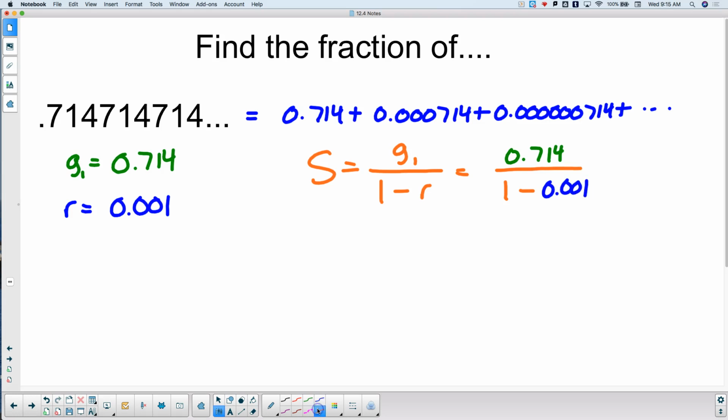When I do that, I get 0.714 divided by 0.999, which simplifies as a fraction to 714 over 999, which is reducible because for 714, 7 plus 1 is 8, plus 4 is 12, and 12 is divisible by 3.